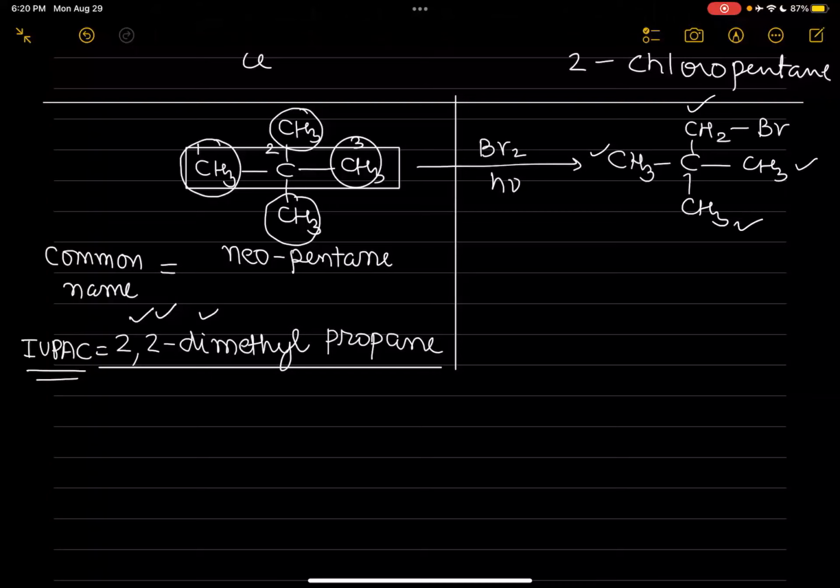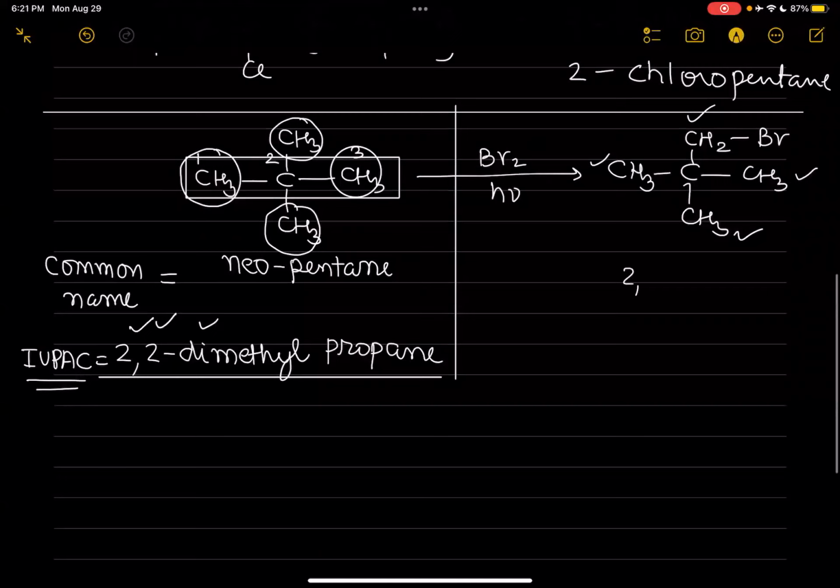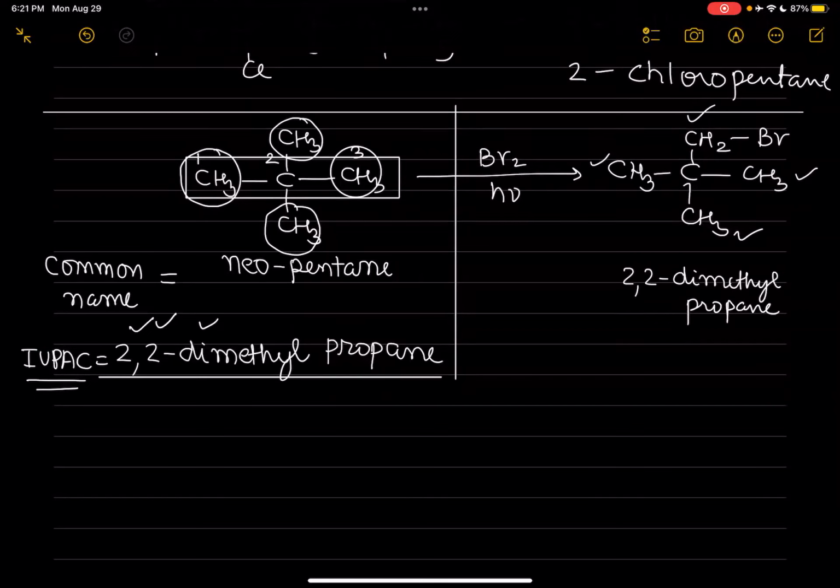So what's the IUPAC name of the product? 2,2-dimethylpropane. Yes, that is correct. Then you need to add one more thing, the bromine.